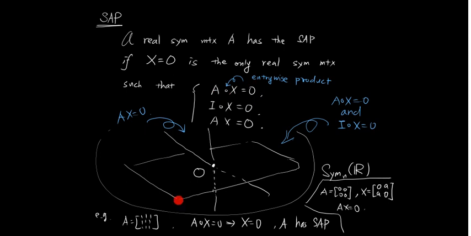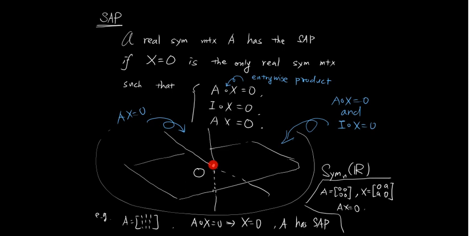You can draw it like this. So this is a plane. It's a subspace. It's all the solutions of Ax equal to 0, Ix equal to 0. And because the third one is also linear, the solution to Ax equal to 0 is also a subspace. So pretty much this condition is saying that the intersection of these 2 subspaces only has the trivial intersection, which is the 0.